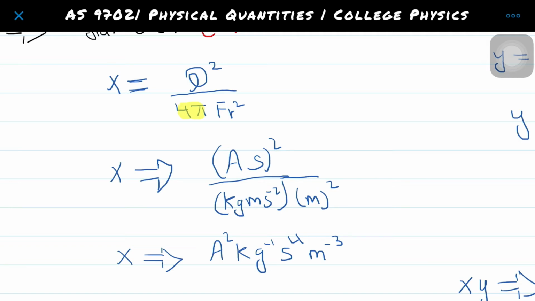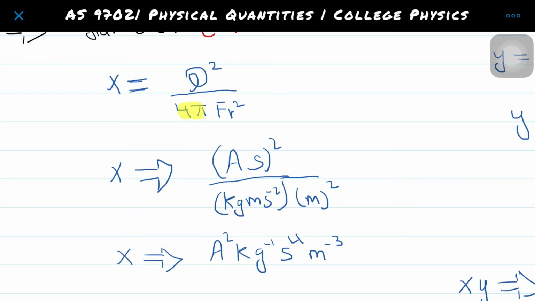In this equation, first of all, we'll eliminate the 4π because we know that 4π does not have any units, so it is insignificant to us. So we'll remove the 4π and so it will just be x = q²/(Fr²). So now instead of q, we'll substitute its respective units. So the units of q, charge, are As, right?